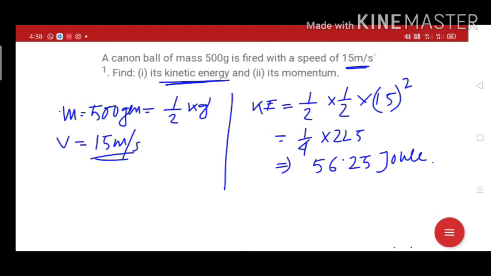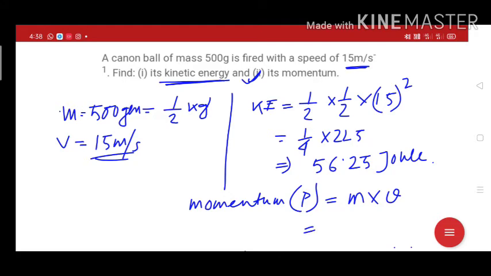Okay, now in the second part they are asking for the momentum. I hope you all can recall the formula of momentum. So momentum is actually denoted by p, and the formula is mass into velocity. Momentum is the product of mass and the velocity.